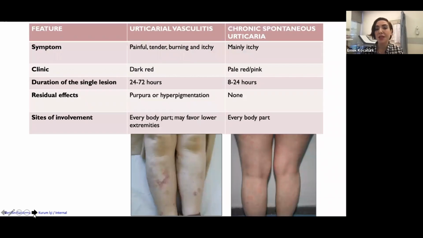And here you see an urticarial vasculitis lesion. The urticarial vasculitis is characterized by lesions lasting longer than 24 hours. They are usually dark red, and they leave purpura or hyperpigmentation after resolving. And the patients usually mention a tenderness or burning sensation along with the itching sensation.